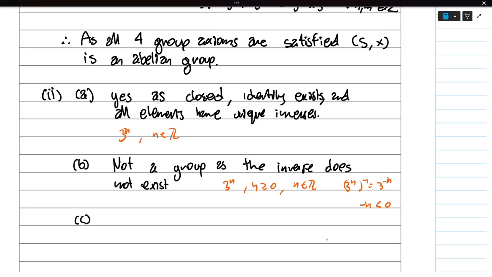And if an element does not have an inverse, then the set under the operation cannot be a group. Now the last one, I'd say it's a group, but I'm not sure. It's 2 marks. I don't know if I have to show everything, but I'm going to say same as A.